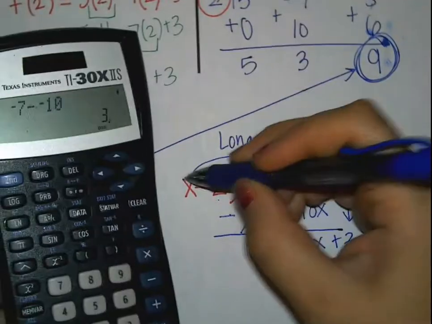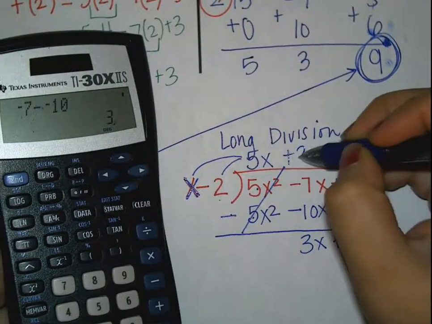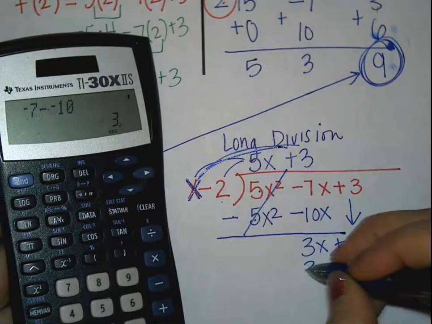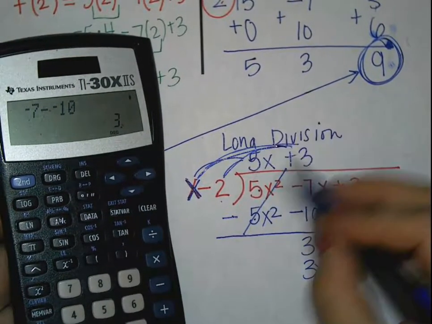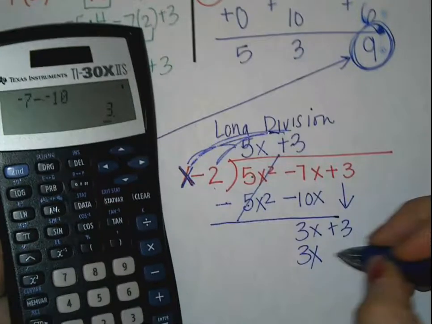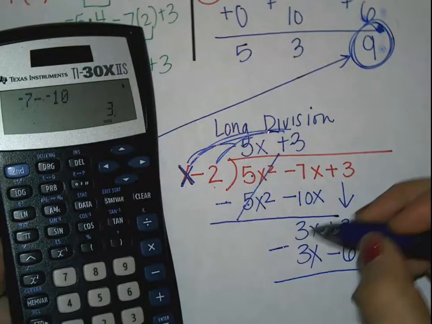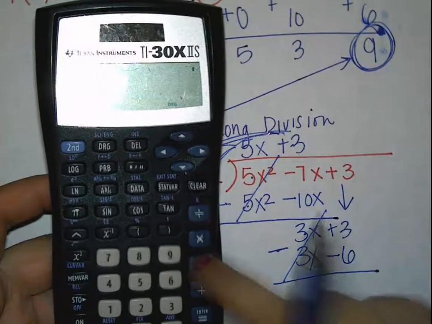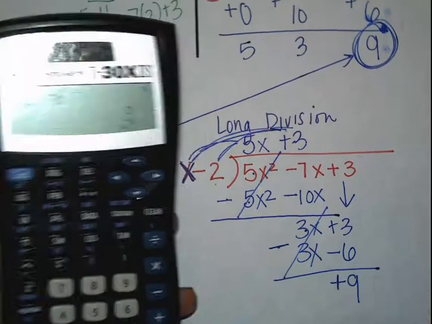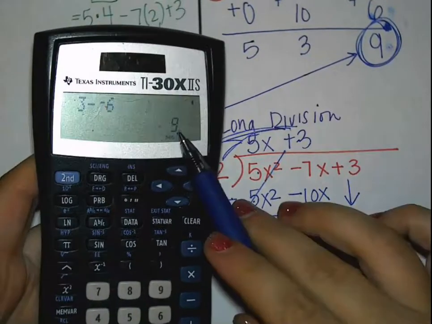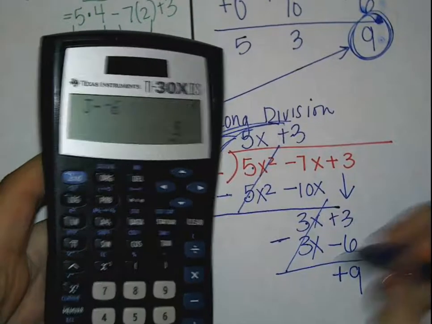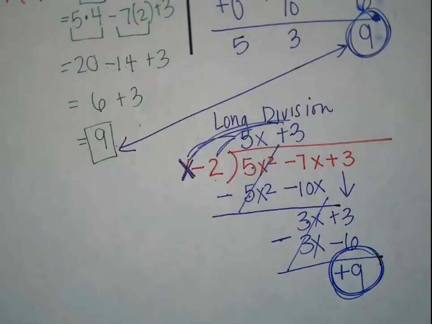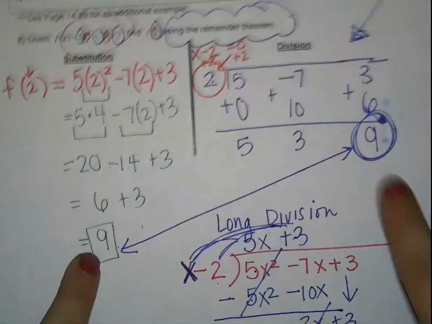And then 3 times x is 3x. And then 3 times negative 2 is negative 6. And then we subtract. 3 minus 3, that's 0. And then we have 3 minus negative 6 is 9. And then the remainder is the answer we got here. So the remainder here is 9, which is what we got here, which is what we get when we plug in 2.